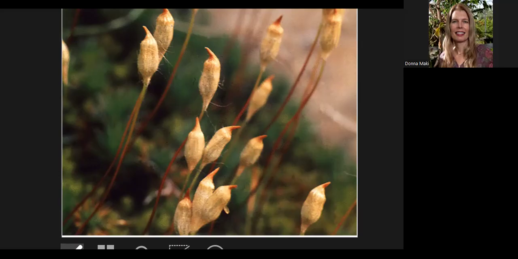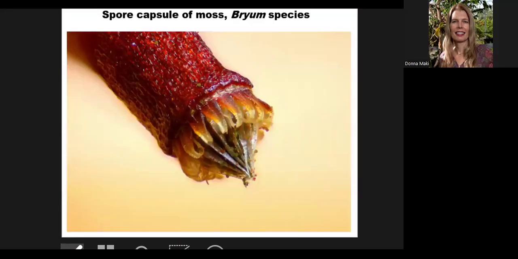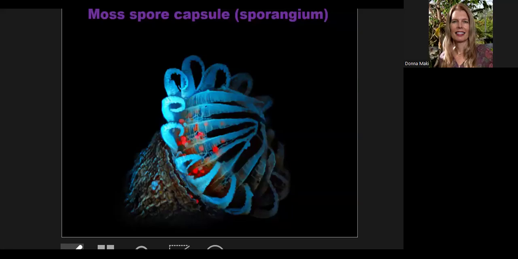And that splitting is usually abrupt enough that it can spread the spores at least a little distance. So you can see, depending on the species, this is a Bryum species, the spore tip, the sporangium area, and you can see some spores are lurking out there, but this is a microscope image. Here's another really beautiful one showing the tip of the sporangium.